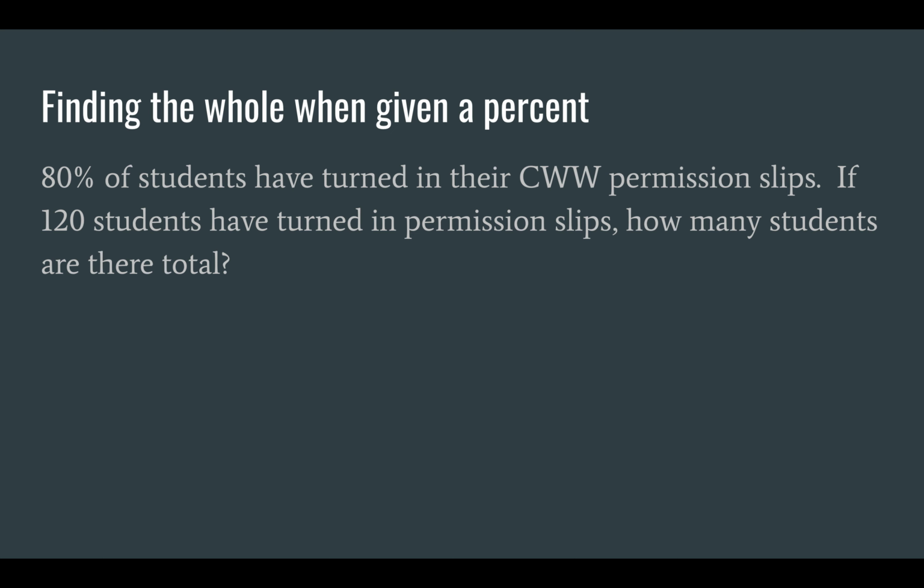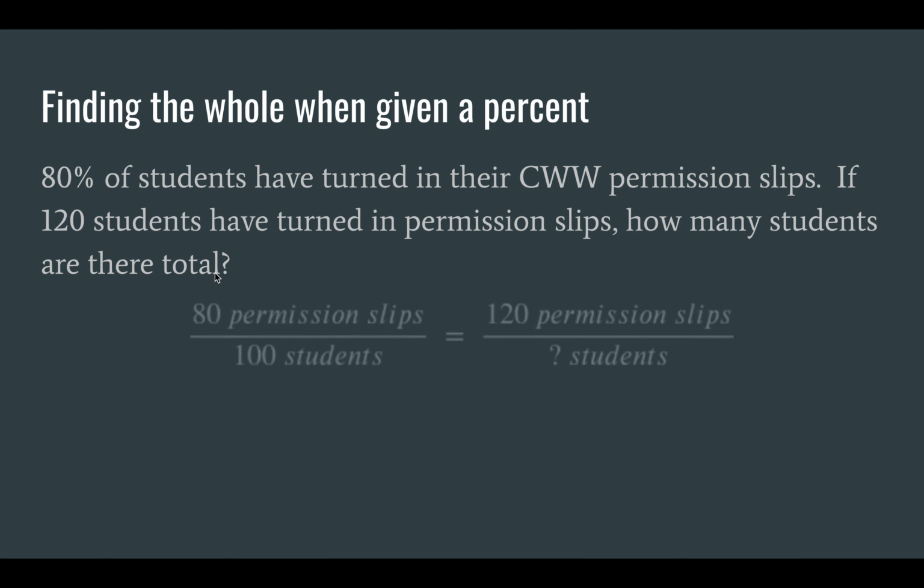Let's try one more. So 80% of students have turned in their CWW permission slips. If 120 students turned in permission slips, how many students does that mean there is altogether? So I'm going to again set up my ratios. However, this time I'm given the part, students with permission slips, and I'm trying to find the whole.